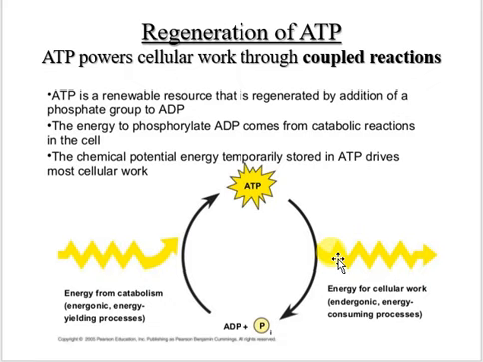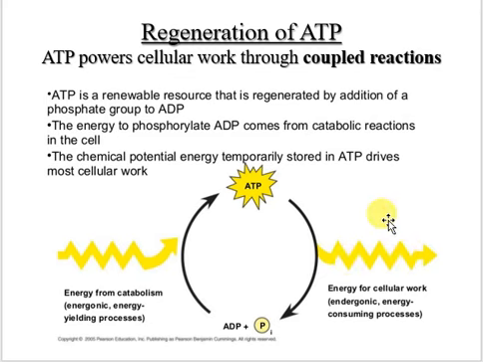So again, your energy is released from catabolic reactions. That energy is used to synthesize ATP. ATP can then be broken down to release the potential energy that's stored in it to drive cellular work, right? So the breakdown of ATP can then be used to drive or fuel endergonic processes, right?